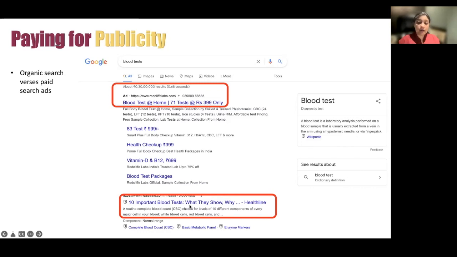It's been written by a very credible person, which is why Google thought this is a good article for us to read and has shown it in their first page of results. And this is organic reach because organically or naturally, this blog post was good enough to come on the first page. Here, it is a clear cut, it's an ad, and Google receives ad revenue for displaying this on their webpage.